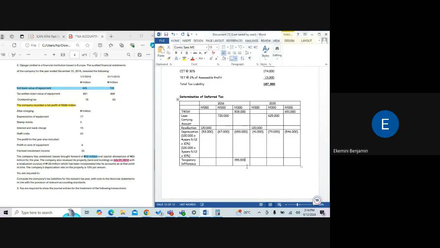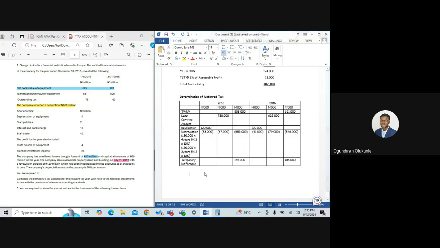And then 651 minus 546. What do you have? 651 minus 546. 105. 105,000, right?